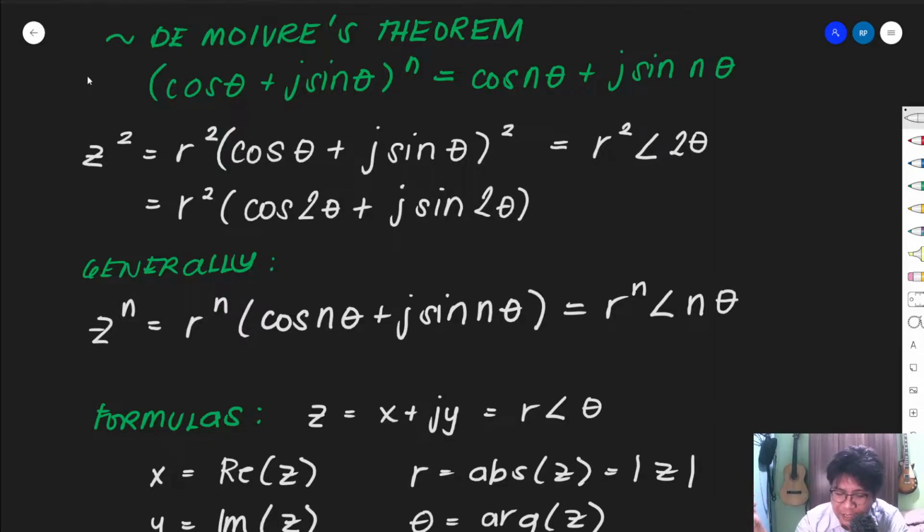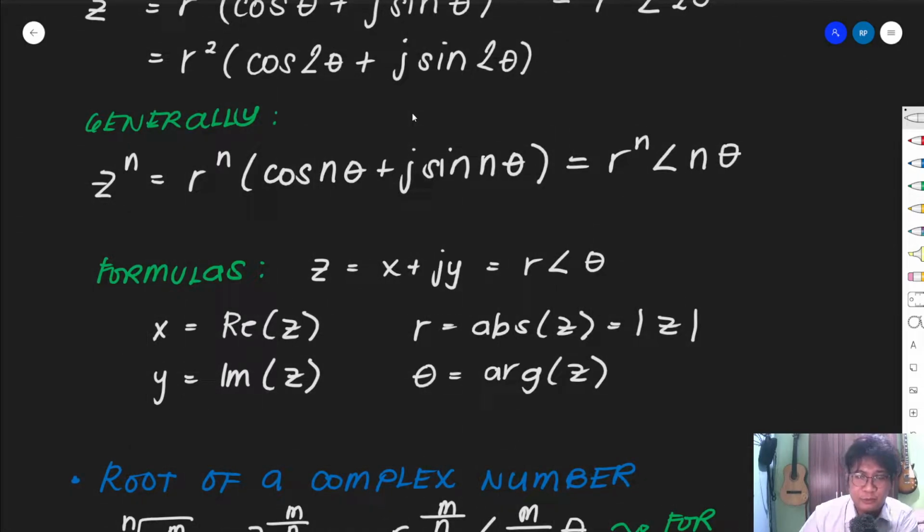When we use De Moivre's theorem on the trigonometric form, cosine theta plus j sin theta quantity squared, the final form for exponents of a complex number is r squared times the quantity cosine 2 theta plus j sin 2 theta, if the power is 2. Generally, it can be 2, 3, or 5, depending on what is given.